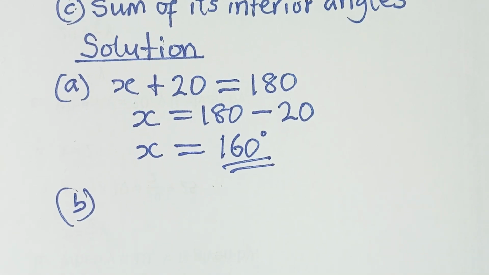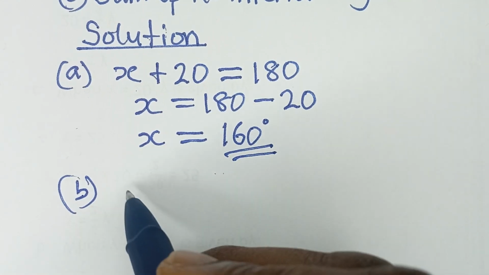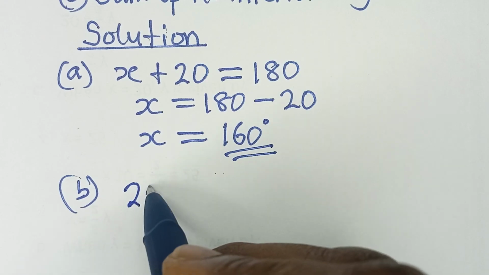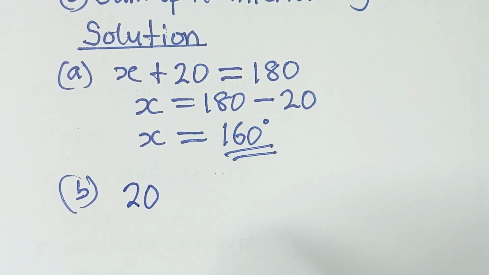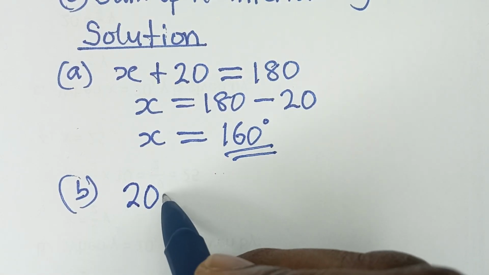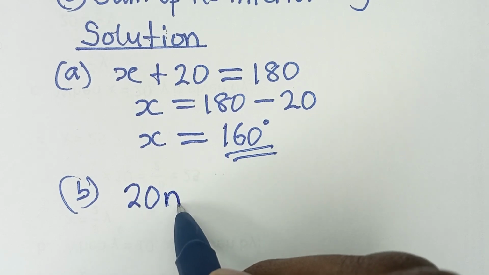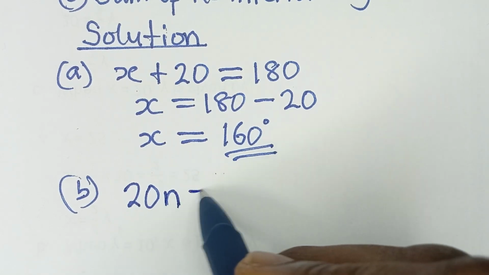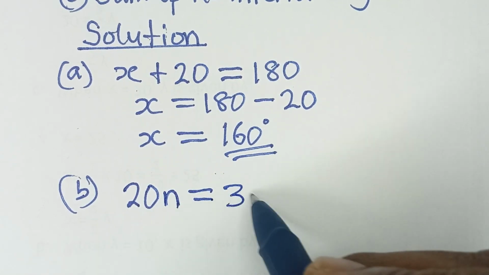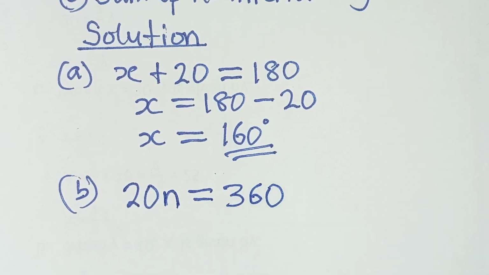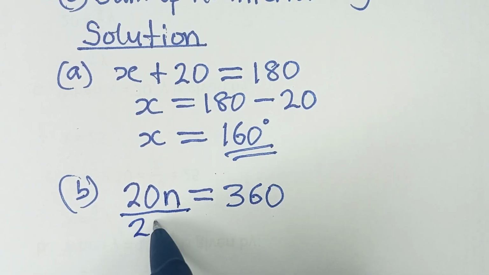We should also remember that each exterior angle of a regular polygon, multiplied by the number of sides, let's take n as the number of sides, should be equal to 360 degrees. Don't forget, each exterior angle multiplied by the number of sides of the polygon will be equal to 360. So from there, we can divide both sides by 20.